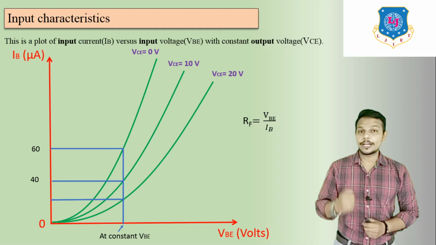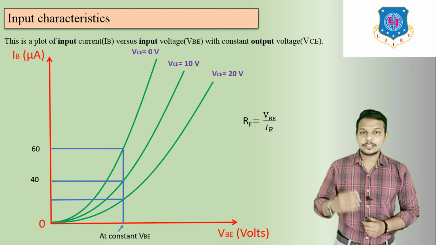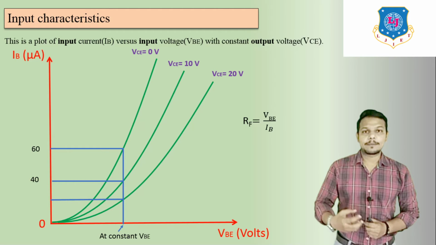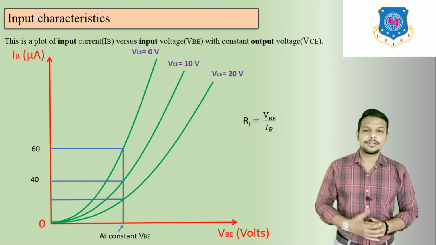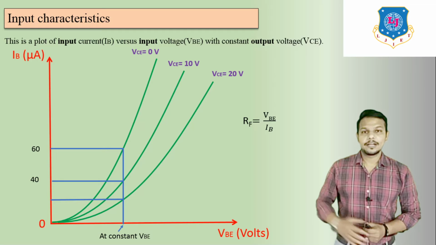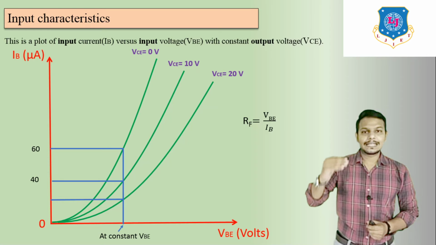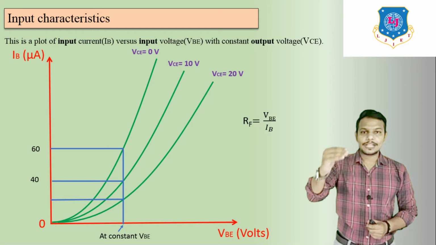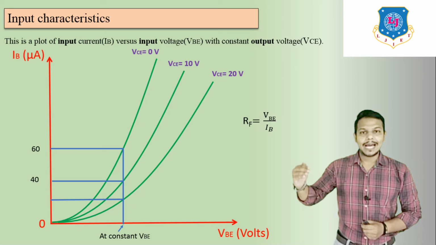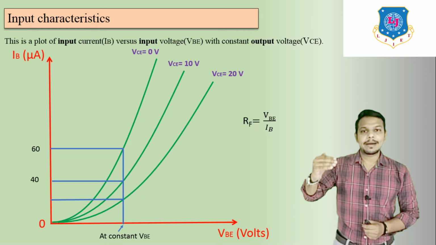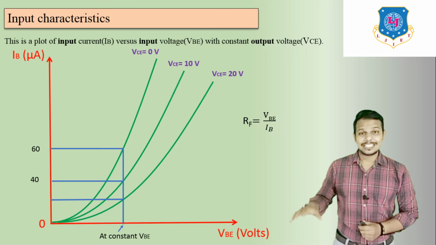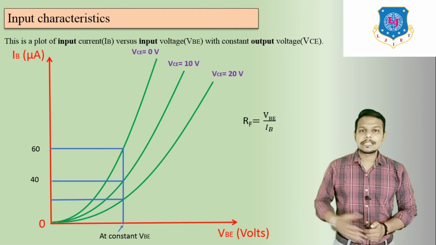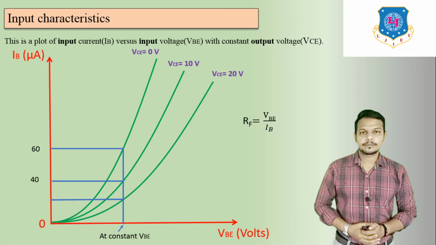And if the recombination process decreases, your base current IB is also reduced. That's why as VCE goes 0, 10, 20, your IB goes from 60 microampere to 20 microampere. So this is the input characteristics of CE configuration.